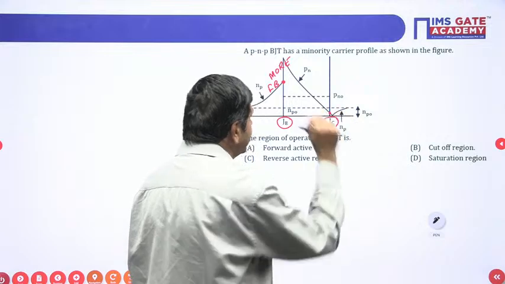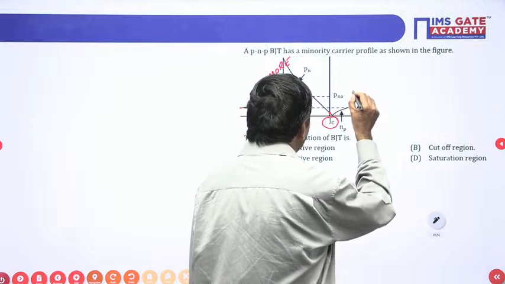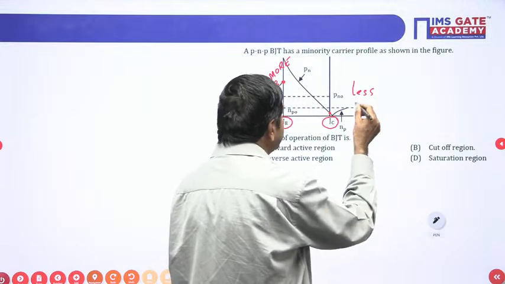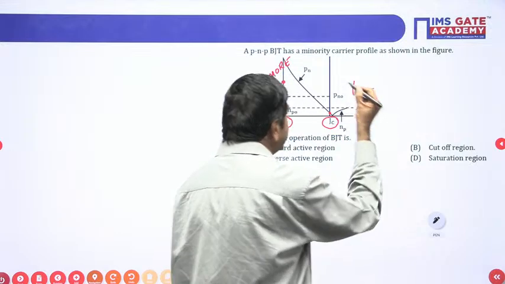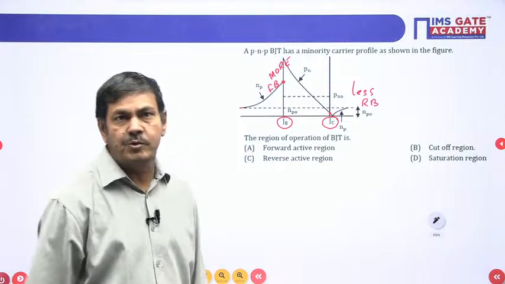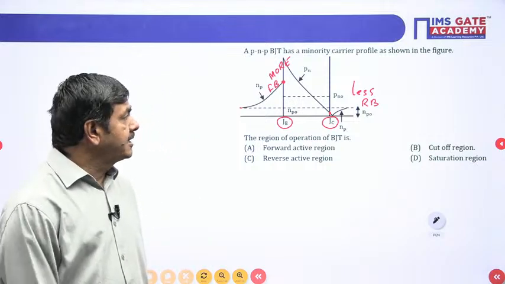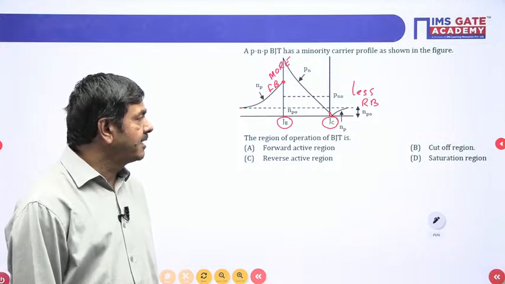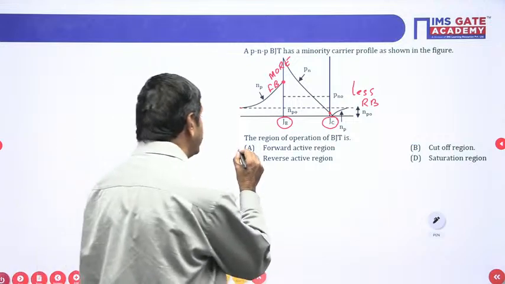If you get very less concentration, you can directly write that it is reverse biased. The collector junction is reverse biased. You know very well, emitter junction forward bias and collector junction reverse bias means the region of operation of the BJT is the forward active region.